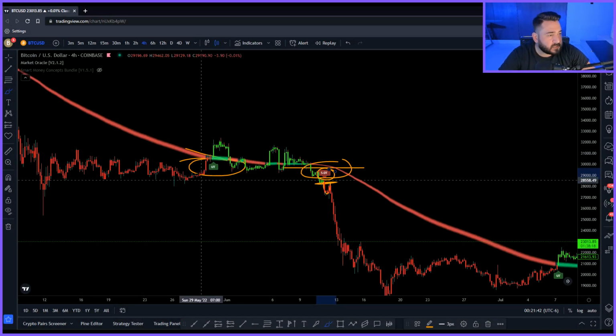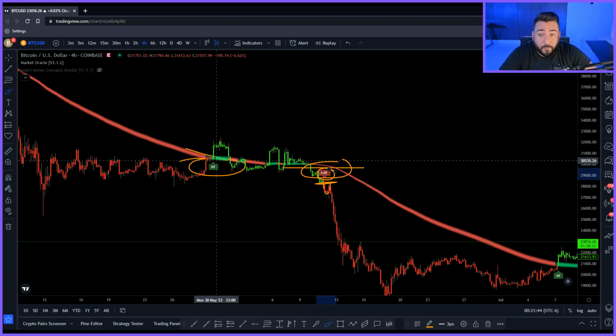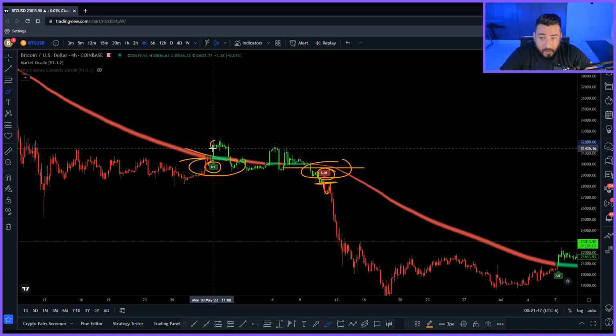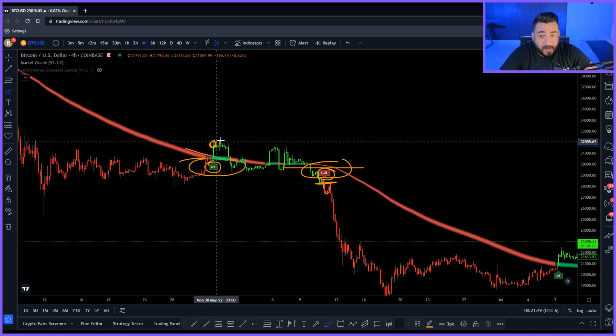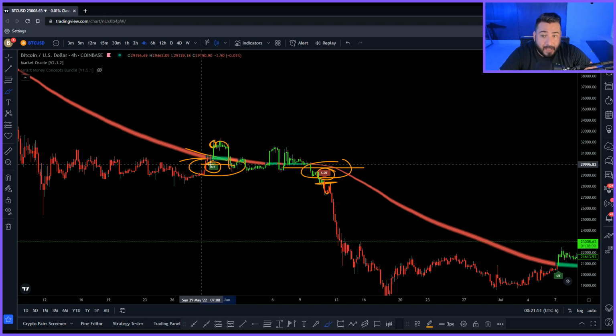All right, so this is the example I was telling you about. So if I would have entered on the flag, I would have entered right here at the candle close, right? And then going down, look at that, right at where that flag was.